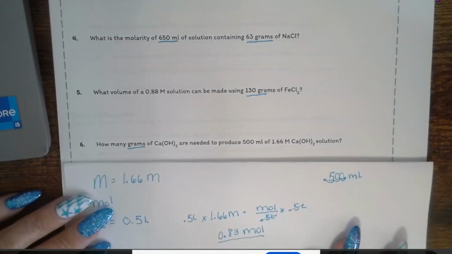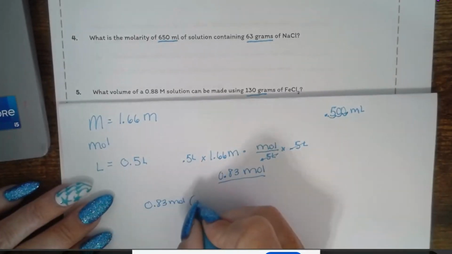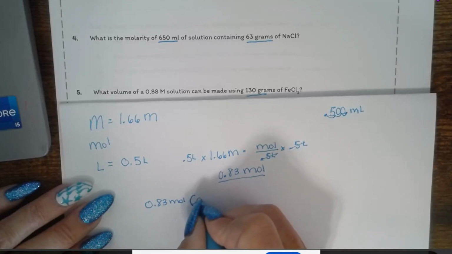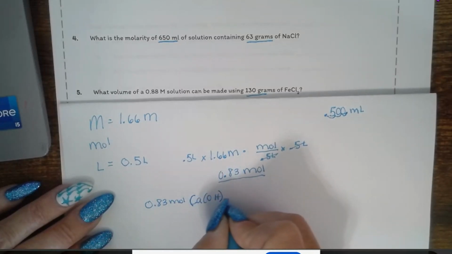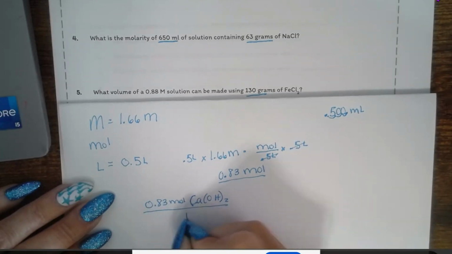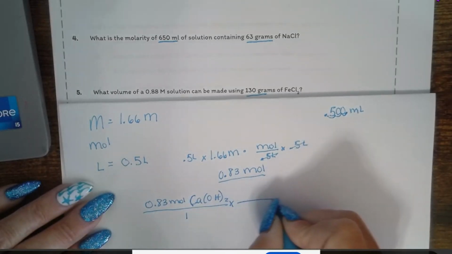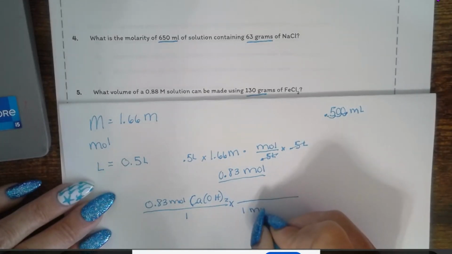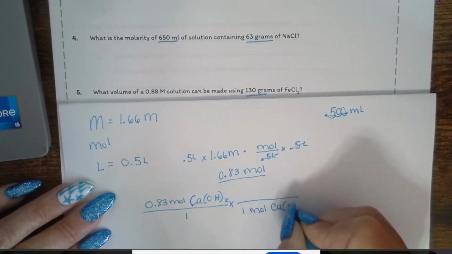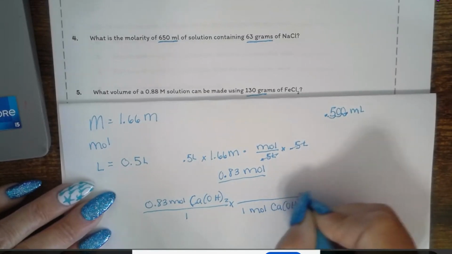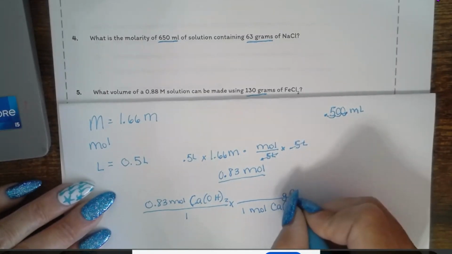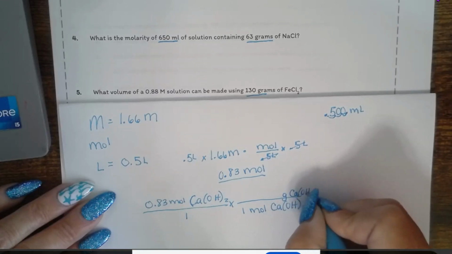And what is our substance? Calcium hydroxide, CaOH2. We need to convert that to grams. So we're going to do the same thing. We're going to find the molar mass of calcium hydroxide, and then plug it in here so we can figure out how many grams.